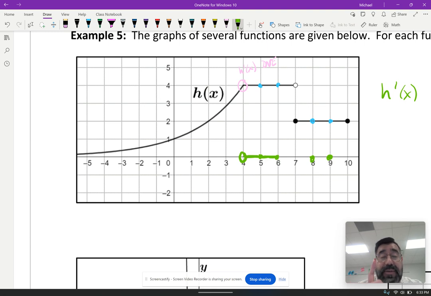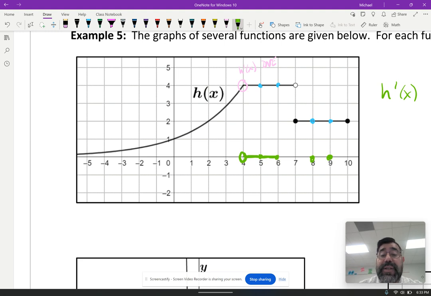Now, to be clear, the derivative exists to the right of 4, and the derivative exists to the left of 4, right? All of these slopes are positive. And then after this sharp turn, all of these slopes are 0. But at that one corner point on the graph, the derivative doesn't exist. So that's why I have to create that open circle, because I don't know what's happening there.